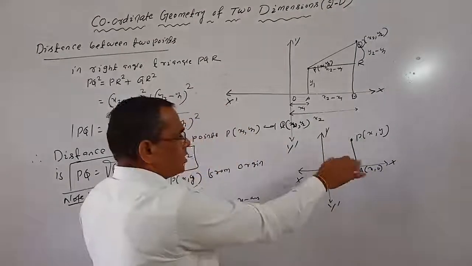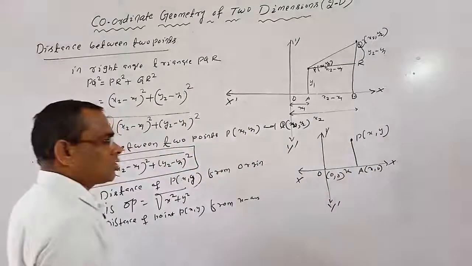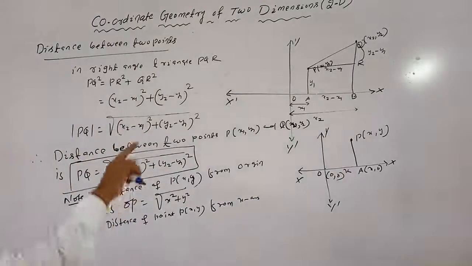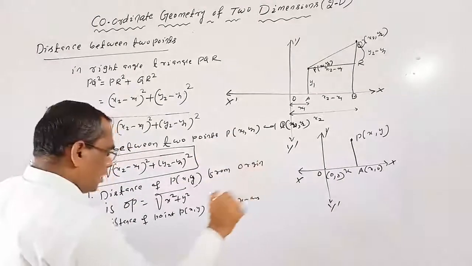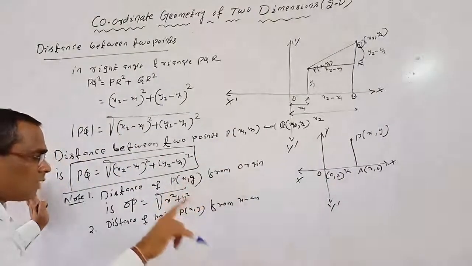So what is the distance? The square root of (x minus x) squared plus (y minus 0) squared. So the square root of y squared, which means mod y.